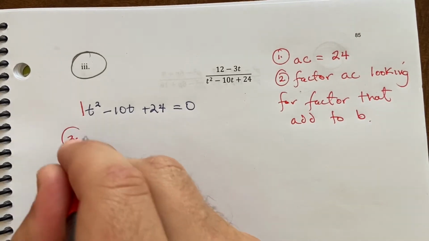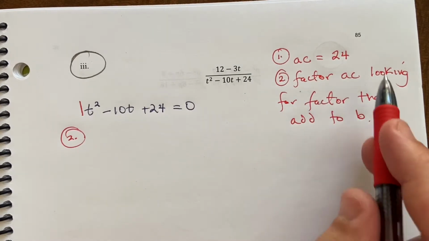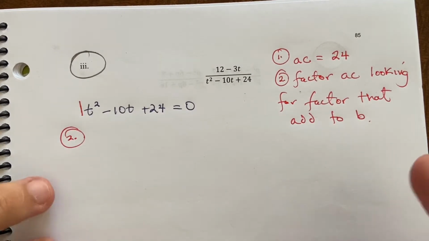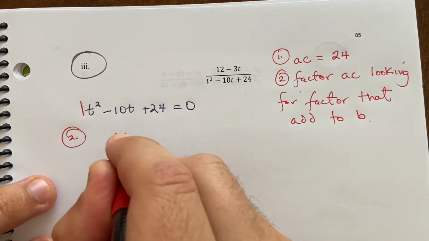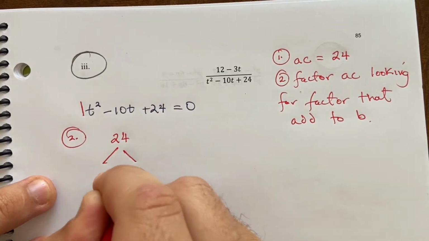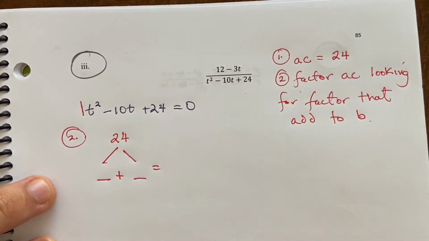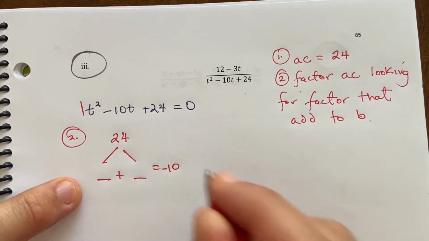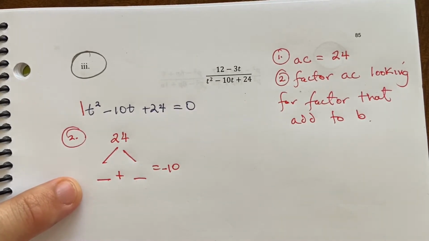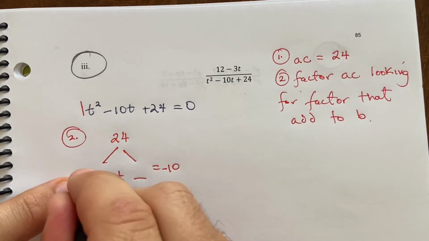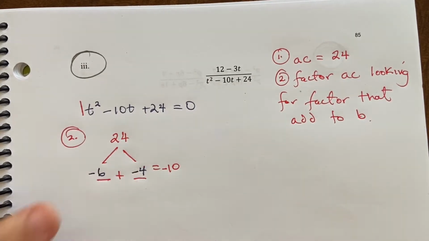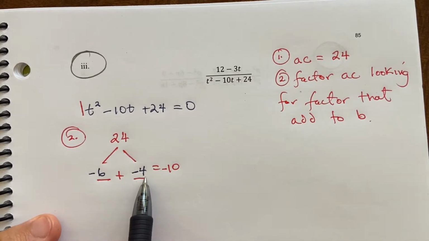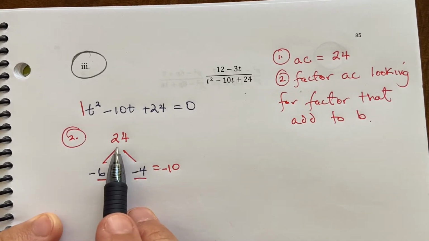So for part 2 of this step-by-step factoring process, we take 24, we factor it, and we look for factors that add up to negative 10. This is the little puzzle I'm trying to solve. So negative 6, negative 4, maybe after some thinking you'd figure that out. Negative 6 times negative 4 is positive 24.